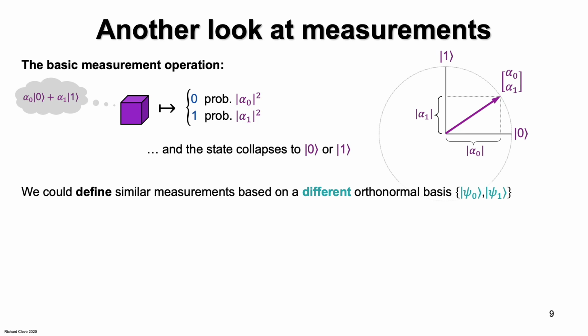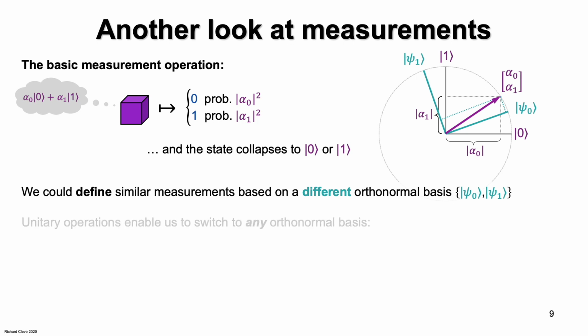For example, consider this orthonormal basis. Any state has a projection on each basis vector, and although the projection lengths squared are different for this basis, they still add up to 1. Our new measurement operation could be defined so as to project to each of these basis vectors with probability the projection length squared.